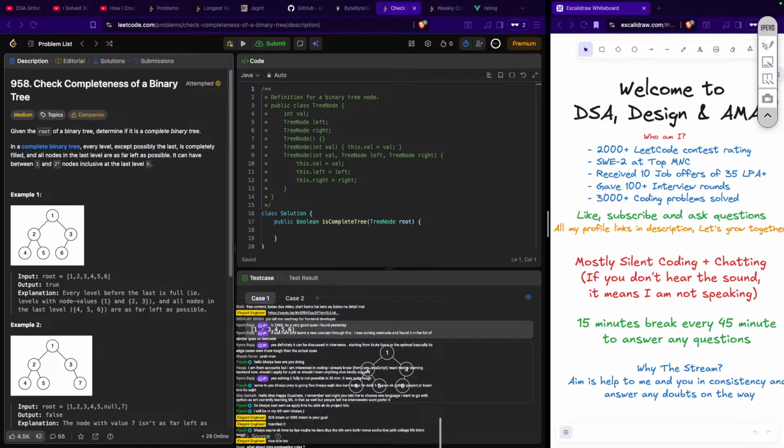Earlier I was thinking of this problem in DFS, but now I think what I can check is that I'll traverse it in a BFS manner. And if I see a null, and then after that I see another null, then it's a flop, right?